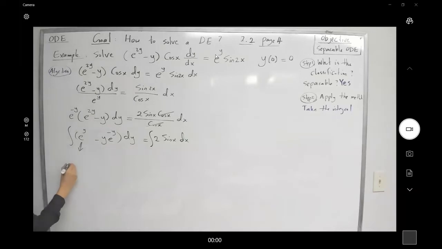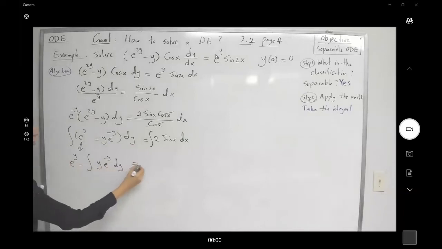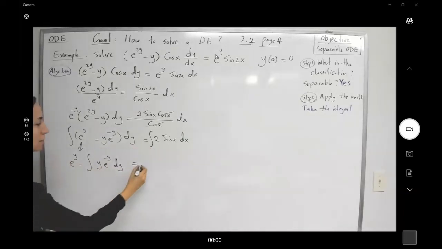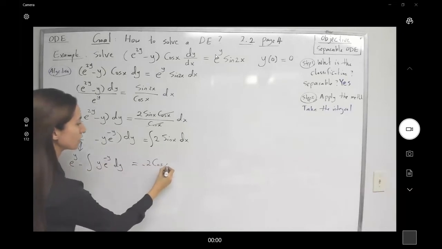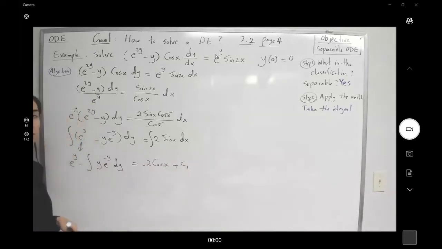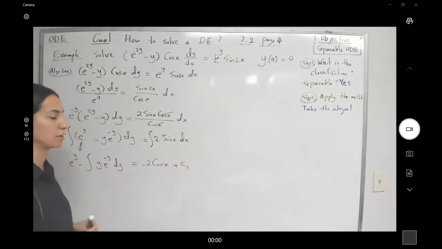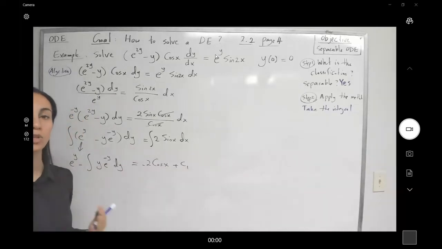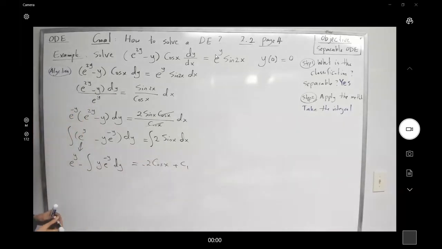So this is e to the y minus the integral of y e to negative y dy. Your right-hand side is easy. You get negative 2 cosine x plus a constant of integration. Let's call it c sub 1, so in case we need to change it to anything else, we have that option.